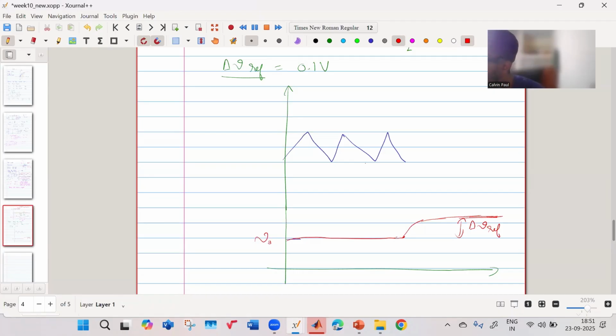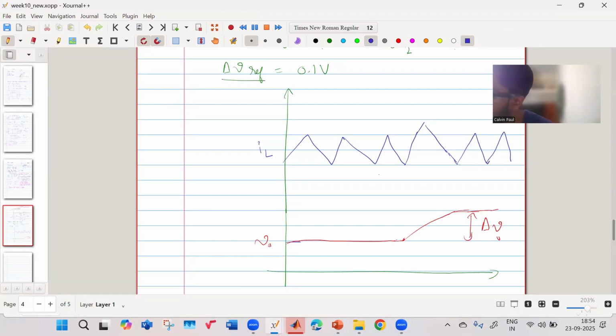So now what should happen? Your capacitor current should increase a bit, the inductor current will increase, and then it should fall like that. At this time it will reach, you want it to reach like this. This is your delta V. Then again your inductor current will continue further like this.